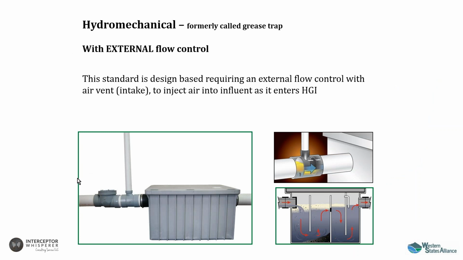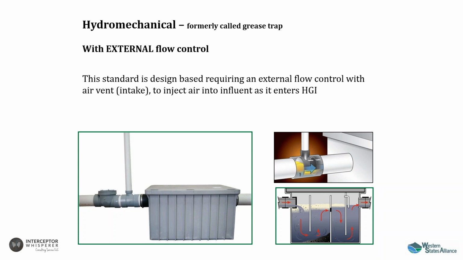When it comes to the difference between the standards themselves, let me briefly touch on that. This is PDI G101, and you'll notice here that it requires an external vented flow control. That's the primary feature required for that standard. There's another distinction, but that's really the big one, because it doesn't allow for any other type of flow control configuration.